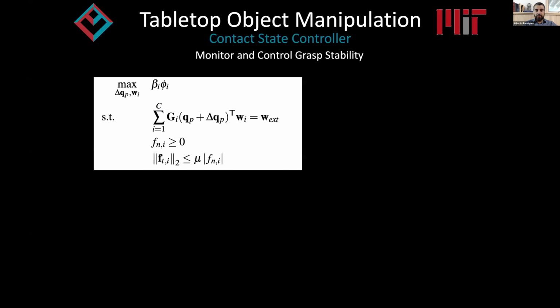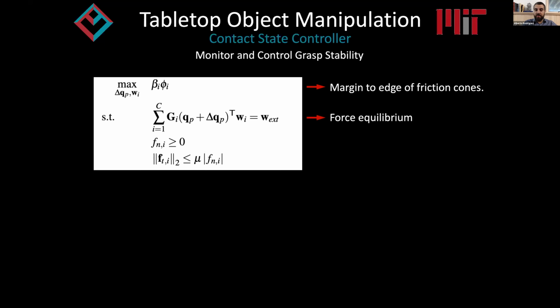So this means an optimization problem where we're trying to maximize what we call the margin of stability, or the margin to the edge of the friction cones, subject to the standard constraints of stable manipulation.